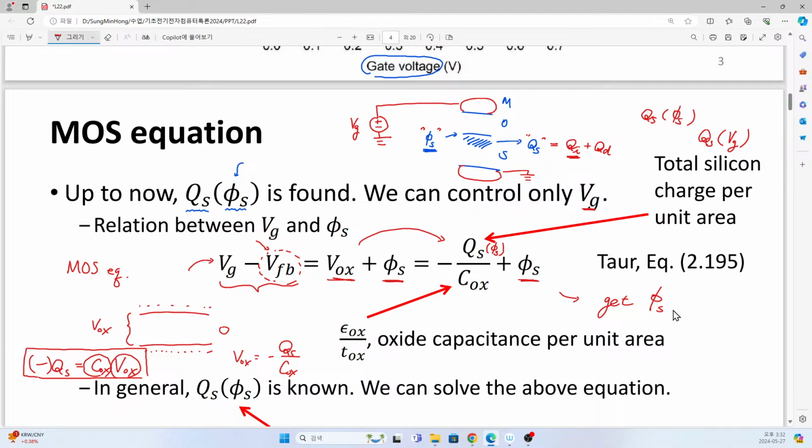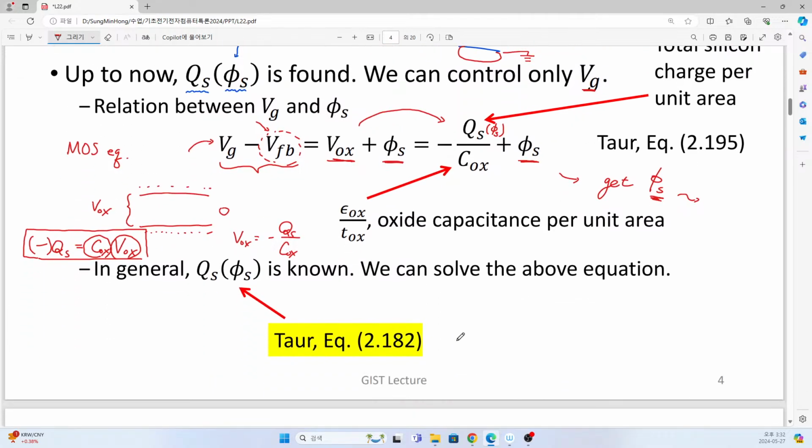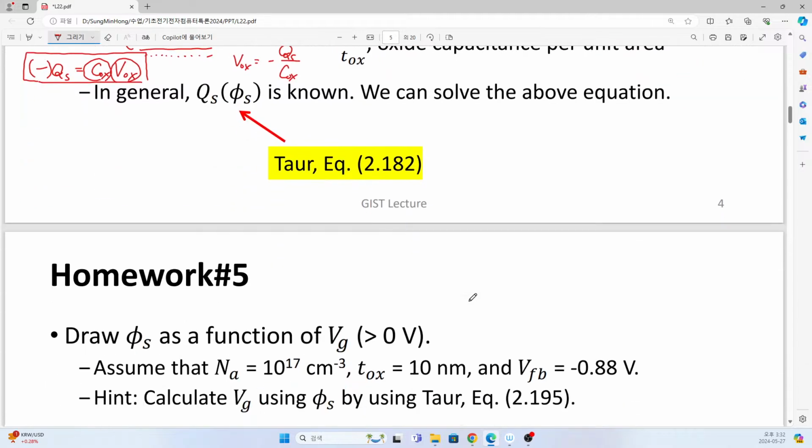That was our purpose. When we know the value of gate voltage, then by solving this Tower equation 2.195, we can calculate surface potential. Of course, when we know surface potential, as I told you before, we can calculate Q sub S, and that's it. So we can solve the above equation.